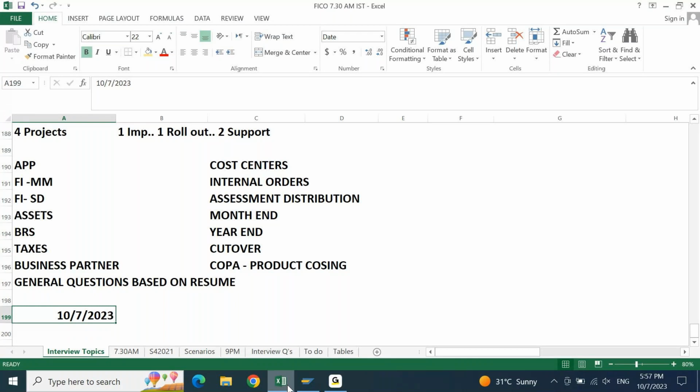Material movement types. No, it has to be a single one-liner. What is VAX? What is VAY? If your COGS is a cost element, then we would use inward movement, outward movement.